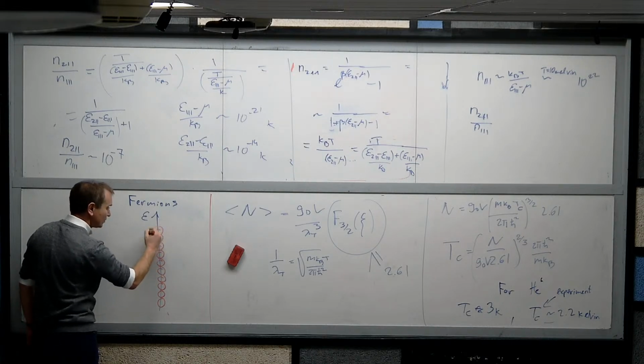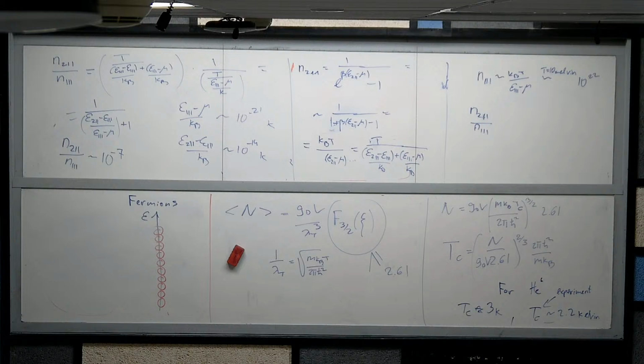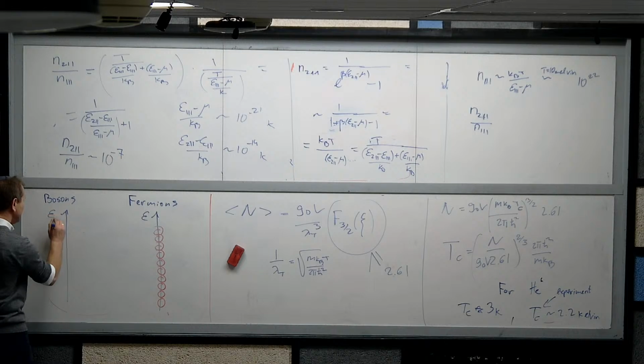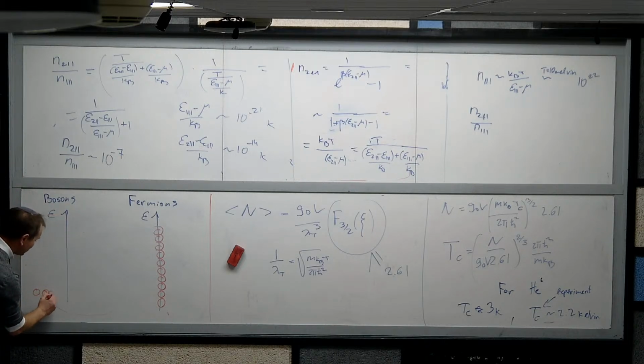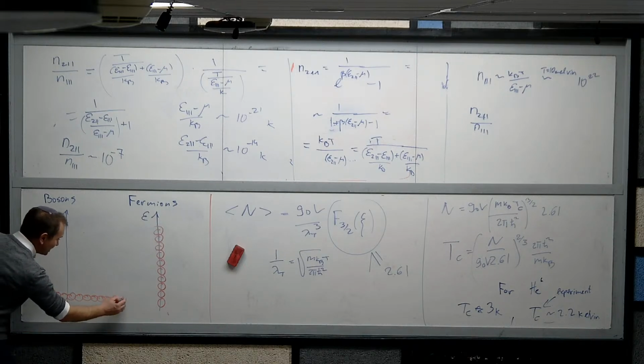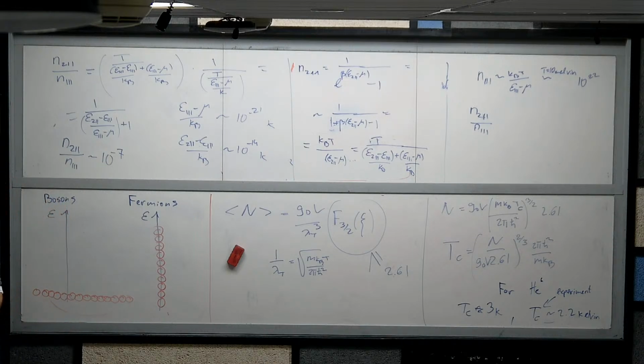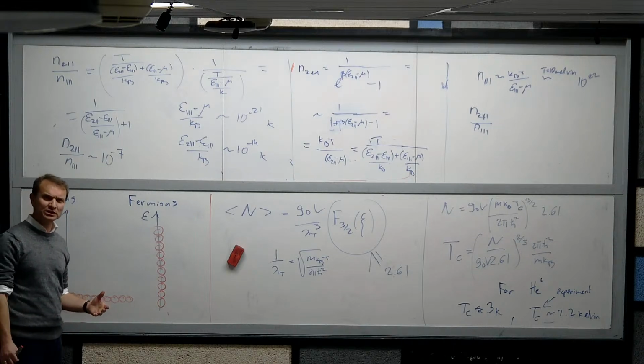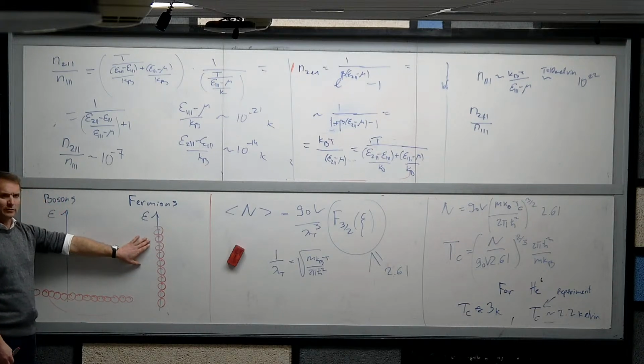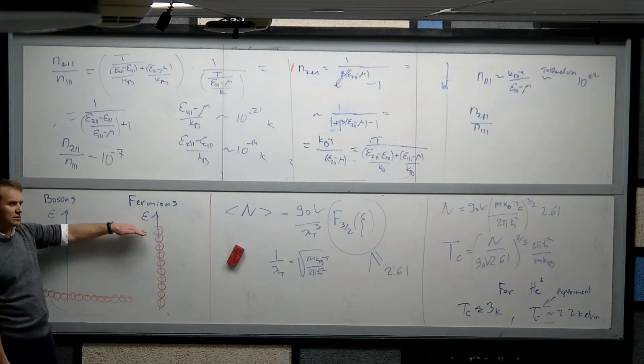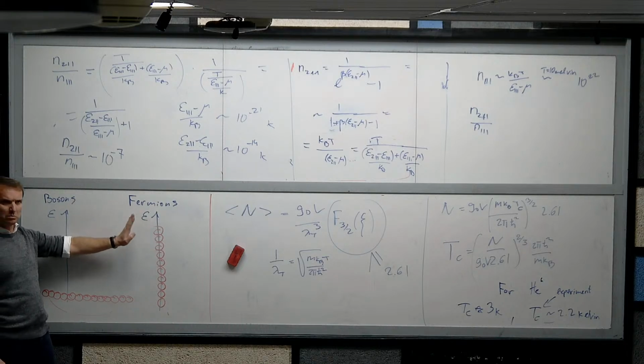For bosons, this is epsilon, all of them start to sit at the lowest possible level. It's clear because when the temperature is 0, this is what we expect for fermions. They fill up all the different levels because of the Pauli exclusion principle, which is great.